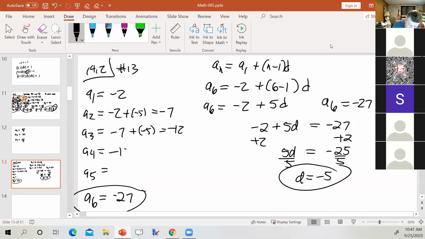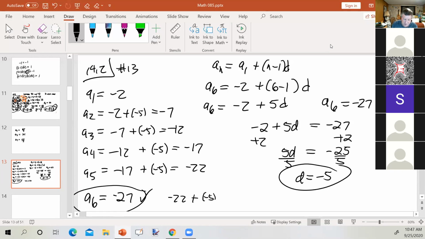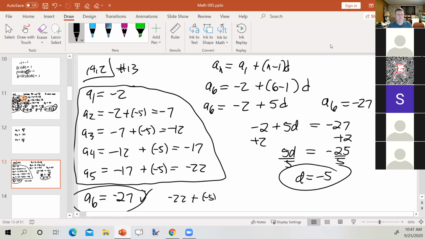A sub 4 would be negative 17. A sub 5 would be negative 17 plus the common difference, which is negative 22. A sub 6 should be negative 22 plus negative 5, and it is. So my first 5 terms, which is what it asked for, are right there.